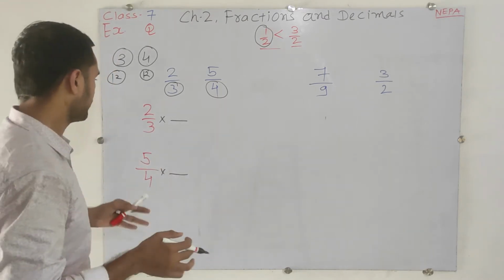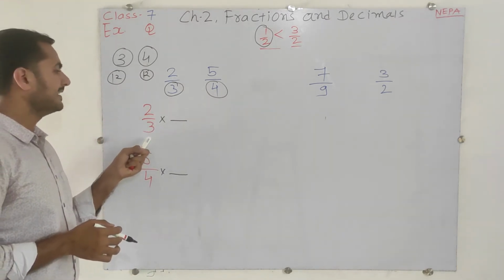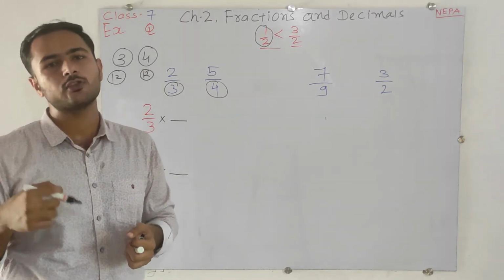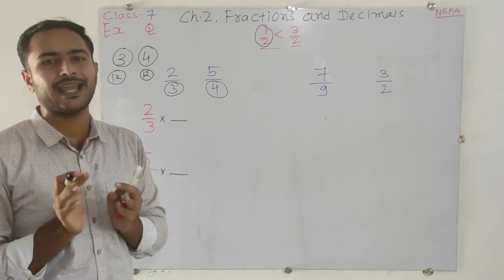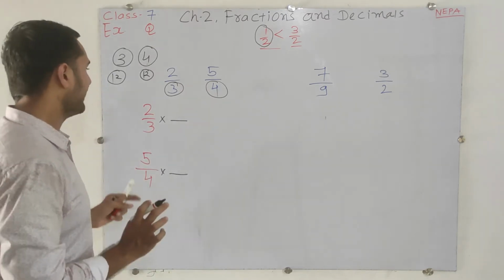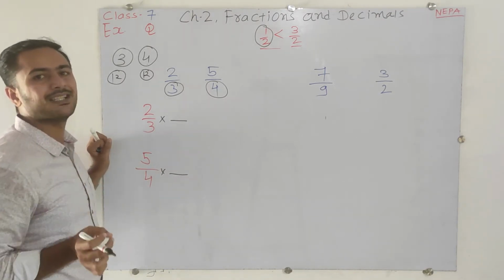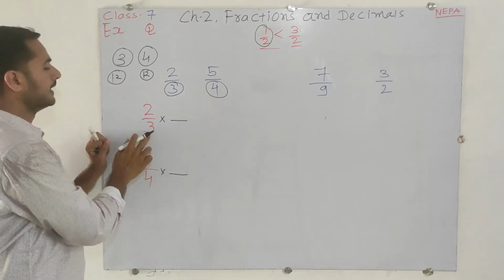Suppose I multiply with 2 only, that will be 2 into 2, that is 4 by 3. Here we changed the number. In mathematics, when you simplify, the answer should be the same. That cannot be different. That's why whenever you do the multiplication process, always remember that you have to multiply and divide with the same number only.